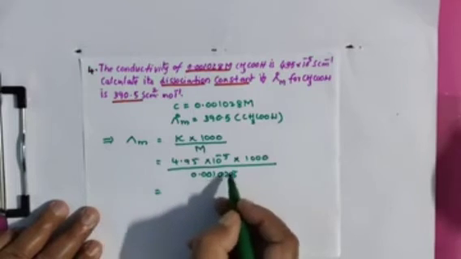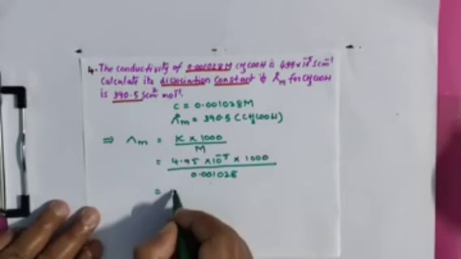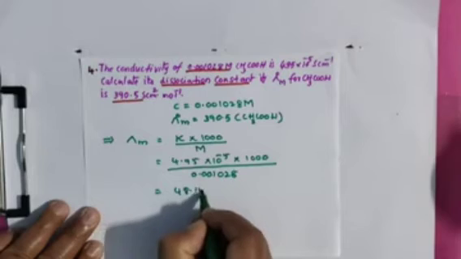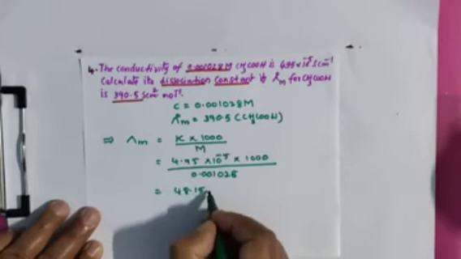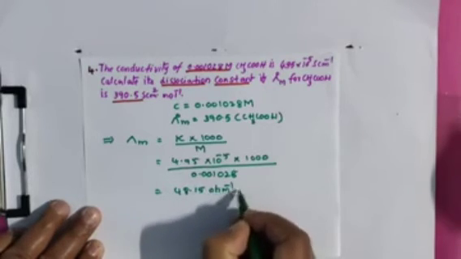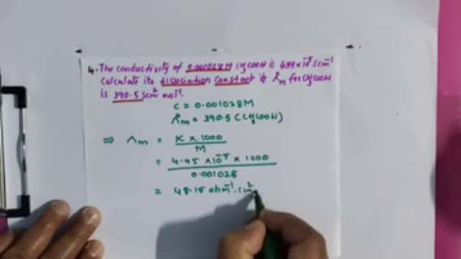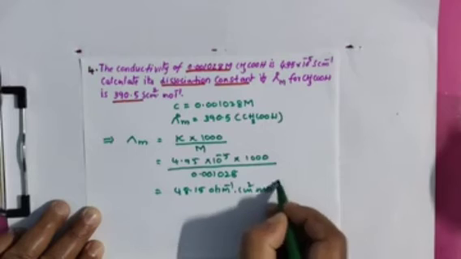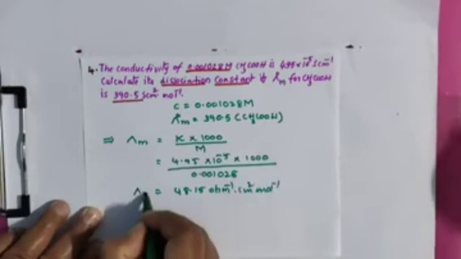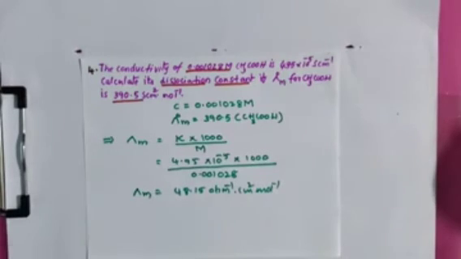And if you simplify this, you are getting 48.15 ohm meter inverse centimeter square mole inverse. This is cap m, molar conductance.